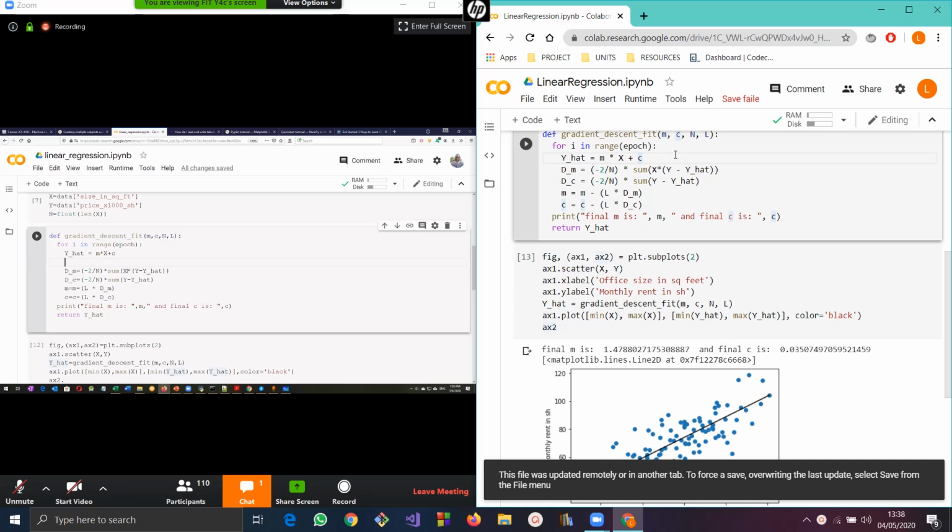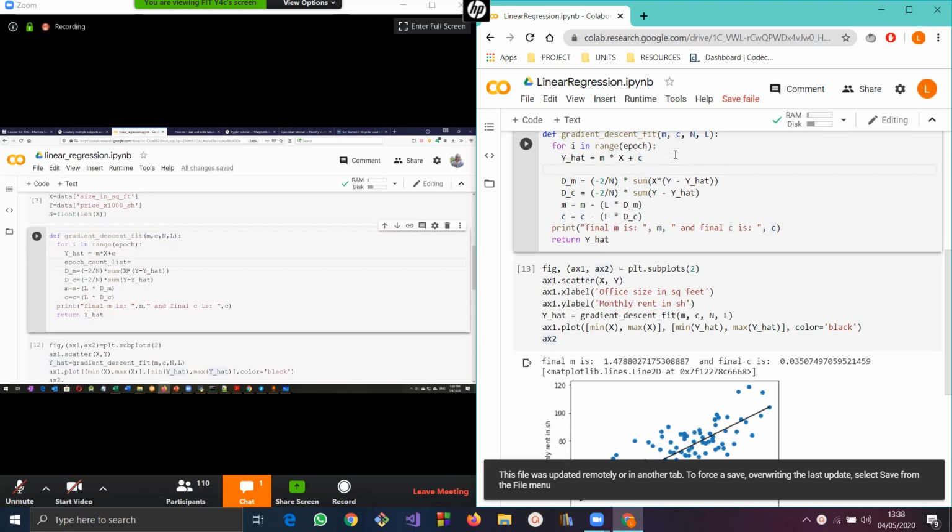At the back of every iteration. Okay, so the first list, you can just call it epoch count list. It's equal to, no, I will just append. Okay, appends can be risky. I will say why, but I'll do it here in every iteration.